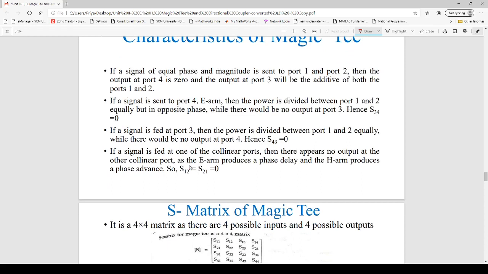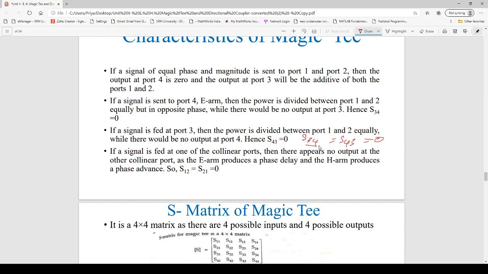And one more thing, because of the geometry of the junction, if I give input at port 3, it will not come out from port 4, because port 3 and port 4 are isolated. In the same way, if I give input at port 4, it will not appear at port 3. So S34 is equal to S43 equal to 0.